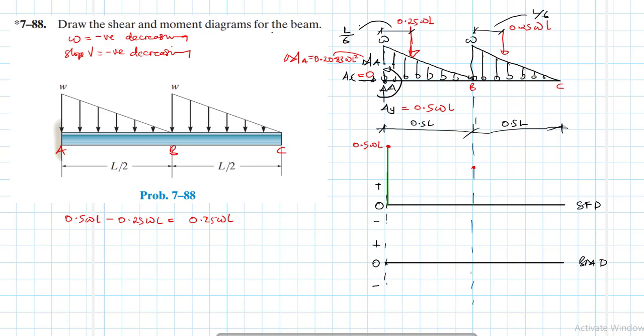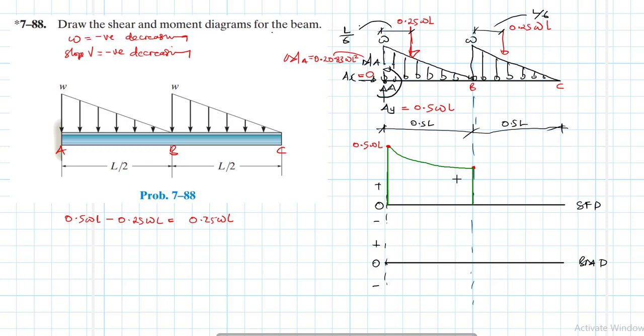So let's say our point is here, like so. And then we are saying the slope is negative and decreasing. So I'm going to have this manner like this, where the slope is negative and decreasing.